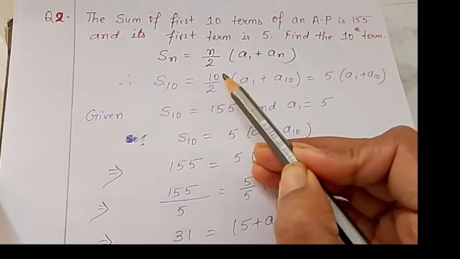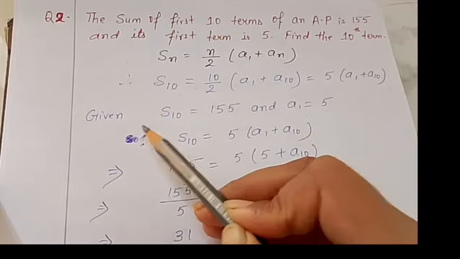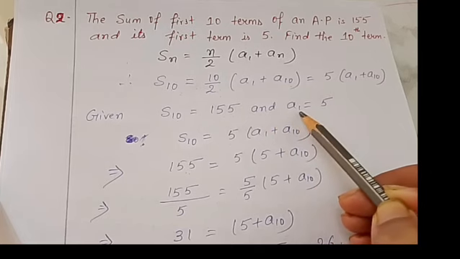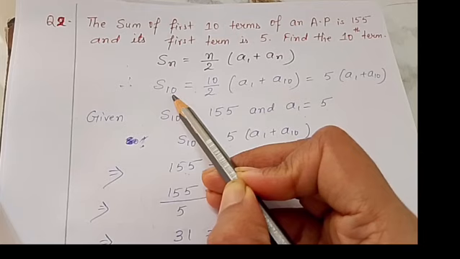S10 is equal to 10 upon 2 times (a1 plus a10). Given S10 is equal to 155, a1 is equal to 5 and n is equal to 10.